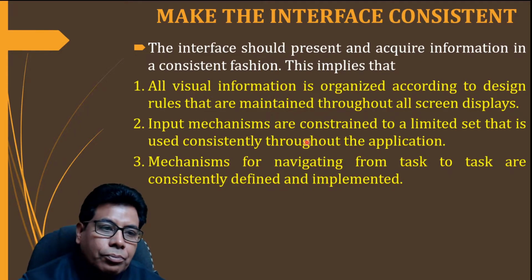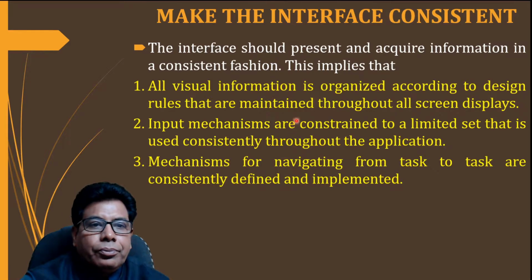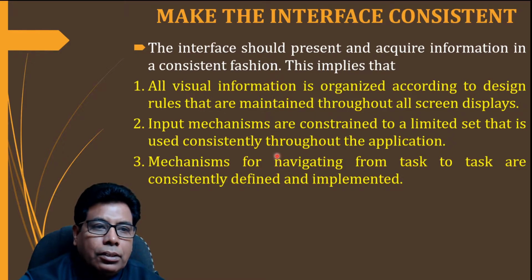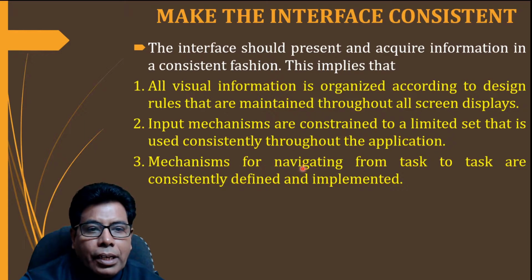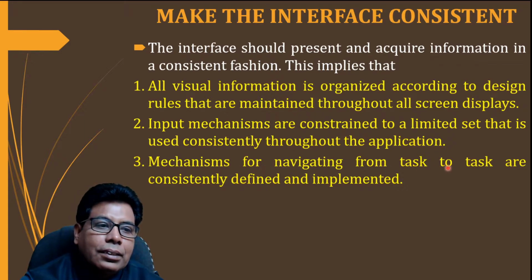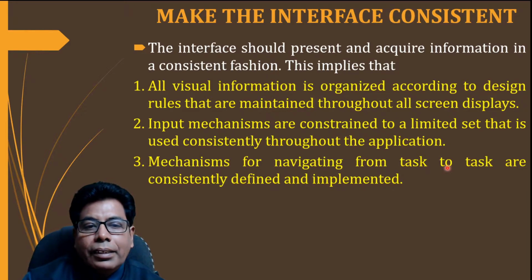So if you want to have a consistent interface, in that case you will have to follow these three things. Mechanisms for navigating from task to task are consistently defined and implemented.